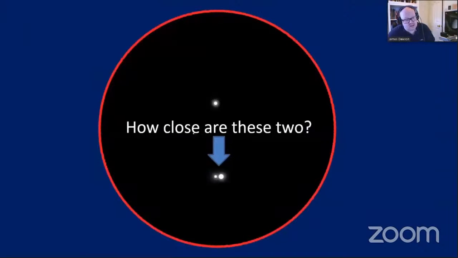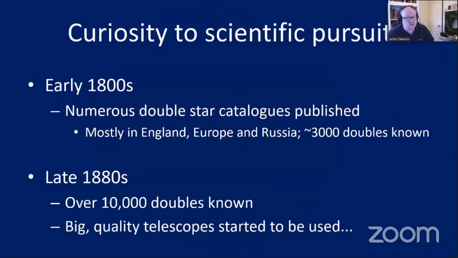And then the question really comes about that time is, well, how close are these two as viewed from Earth, and potentially, if they are related, how close are they in reality? What's their absolute association? So curiosity, you know, this is fun looking for double stars. They're pretty colours, you can test your equipment, soon turned to scientific pursuit.